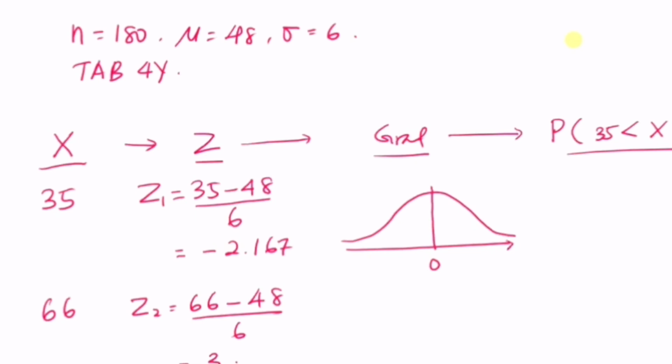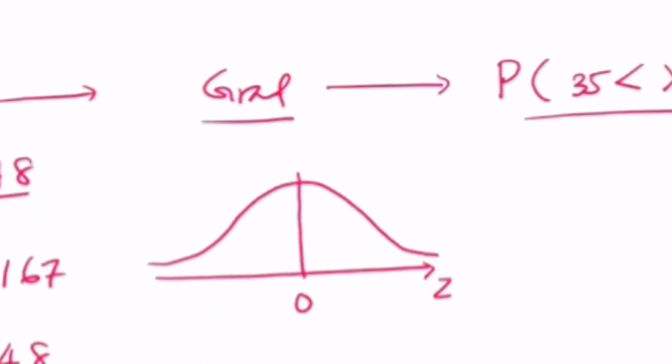Remember what I say: when it is a z-score, the middle line must be 0. It's fixed. So we label the 0. Negative 2.167 goes to the left, and label the positive value to the right. Okay, so that is how you label the bell shape.